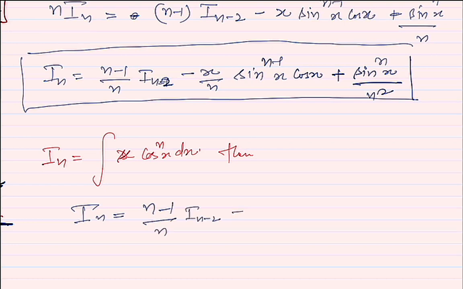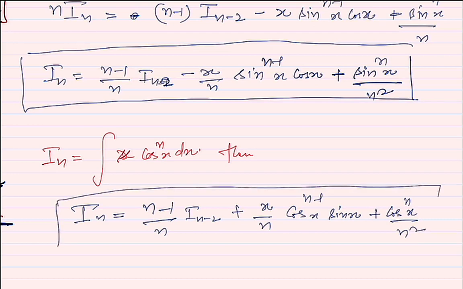Now you can easily guess, plus x upon n cos n minus 1x sin x plus cos nx upon n square. Okay, so this is the formula for x cos raised to power n x dx.